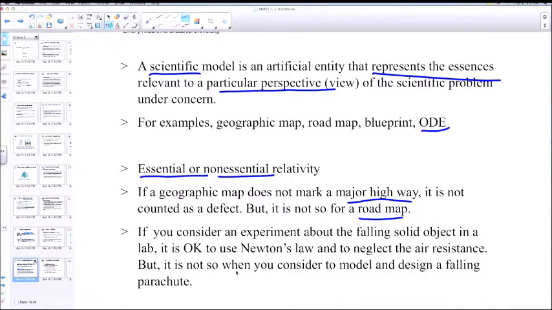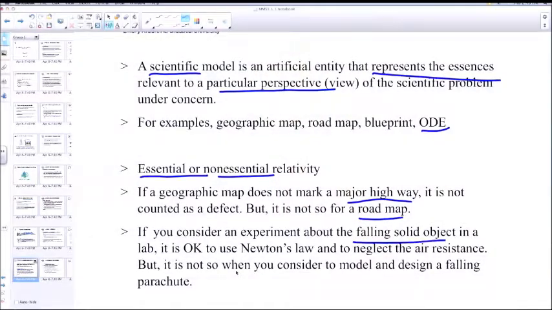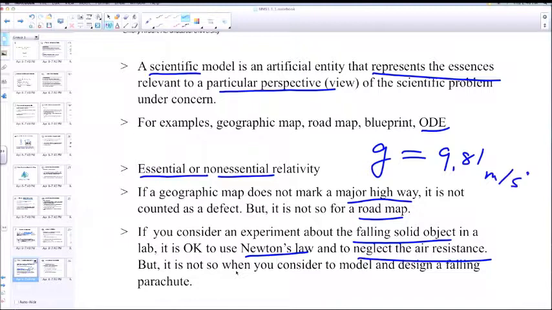Let me give you another example. If I want to experiment with a falling solid object in a closed lab, you use Newton's law and you make an assumption to neglect the air resistance. Fine, that's how we do it. And you are going to consider g, the gravitation, equal to 9.81 meters per second squared.